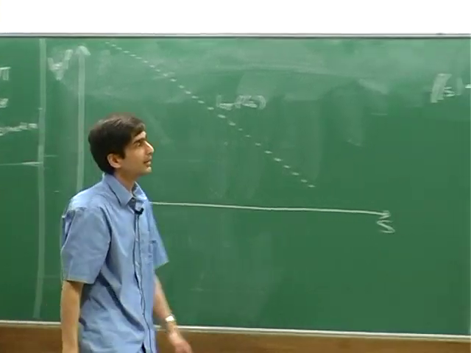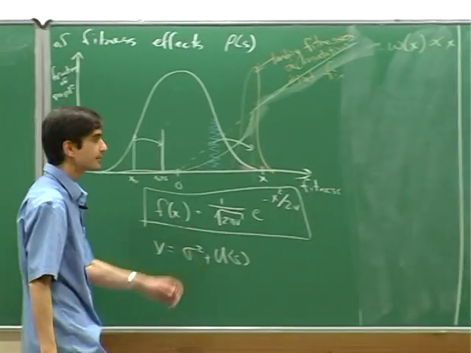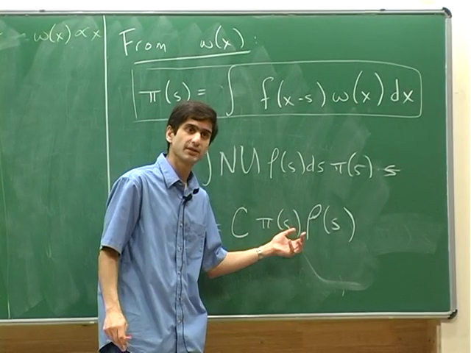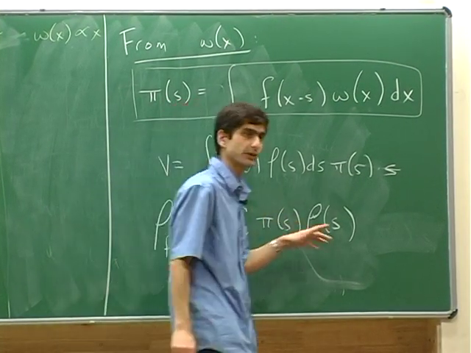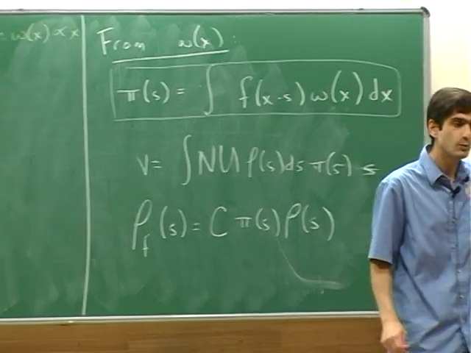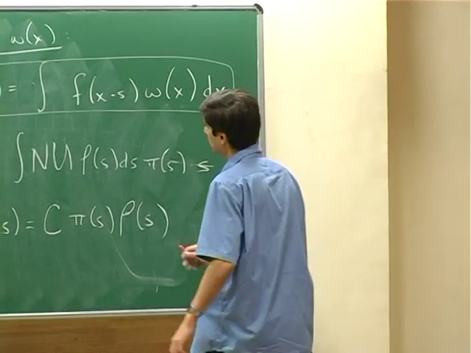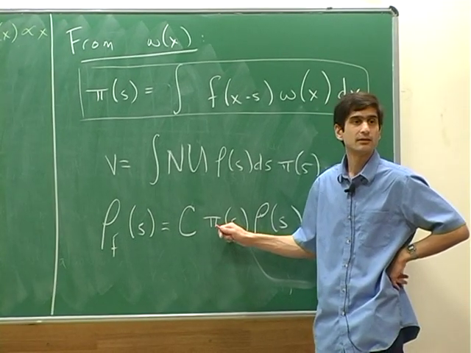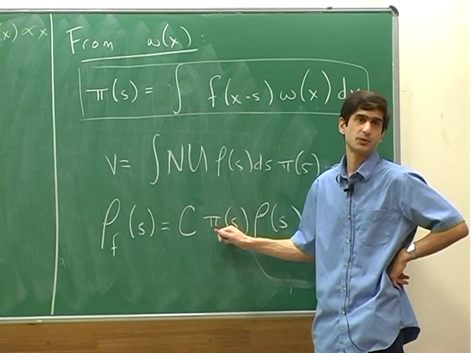Now, we wanted to talk about which mutations fix. In the case where there is no interference, if we had a really small population, the regime we talked about at the beginning of last time, what would pi of S be, if mutations were rare?